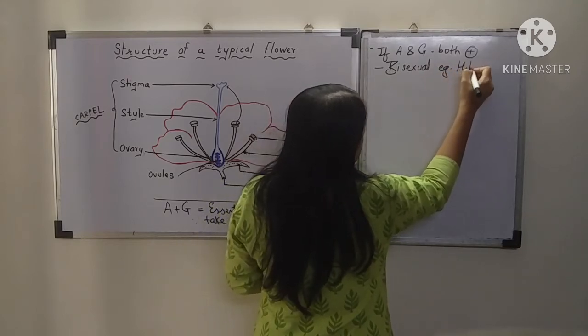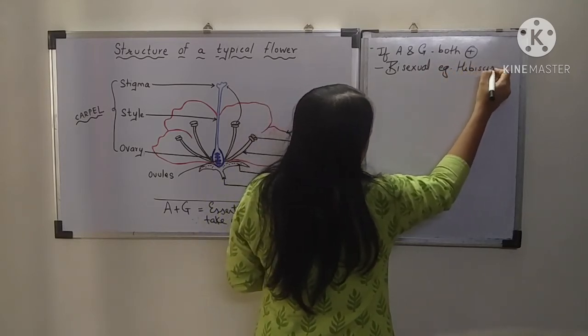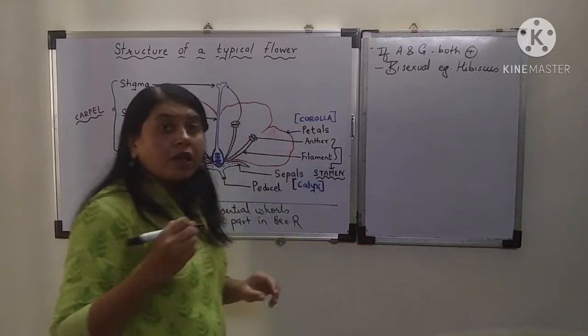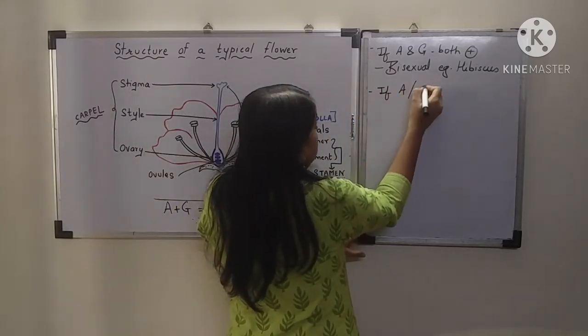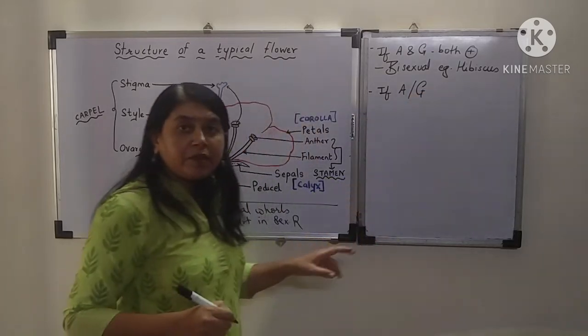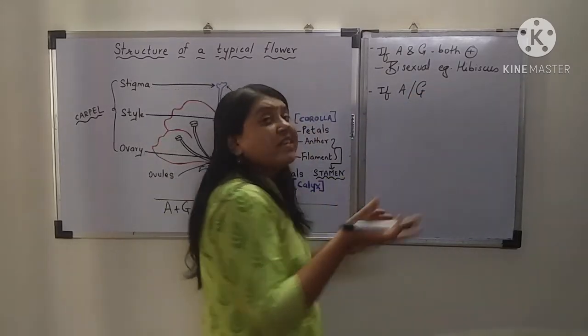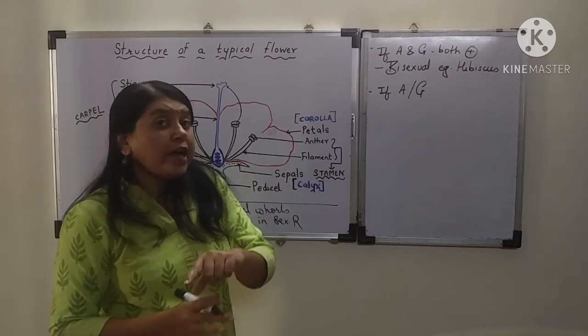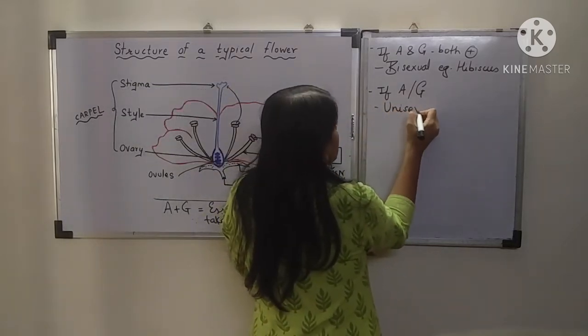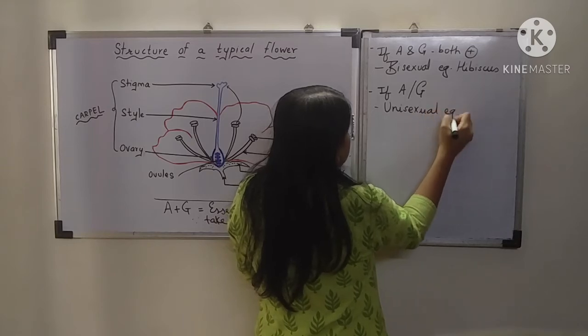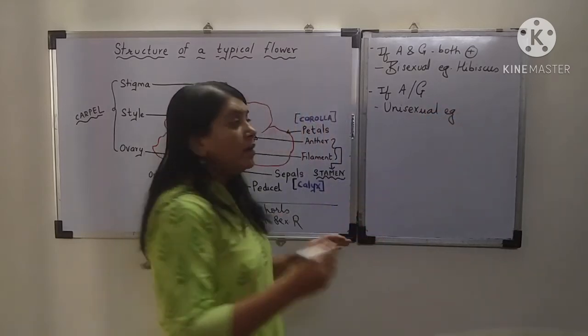Example, hibiscus. If either androecium or gynoecium is present, that means either androecium is there or gynoecium is there, then the flower is called unisexual. Example, papaya.